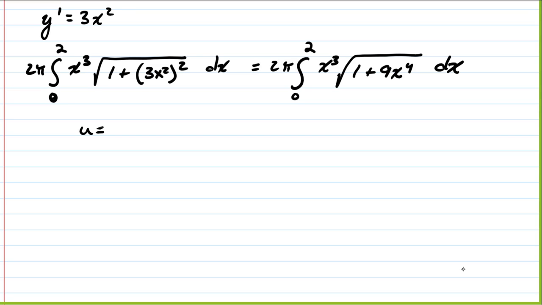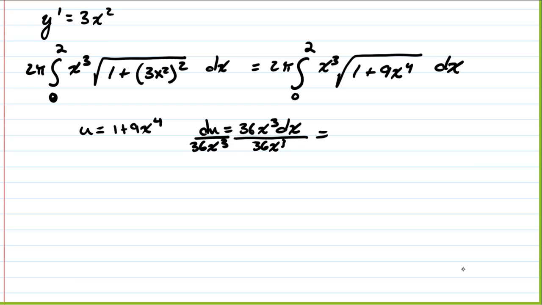If we make the u substitution, u equals 1 plus 9x to the 4th, then du is 36x cubed dx. So we divide by 36x cubed, and this gives us that dx is equal to du over 36x cubed.